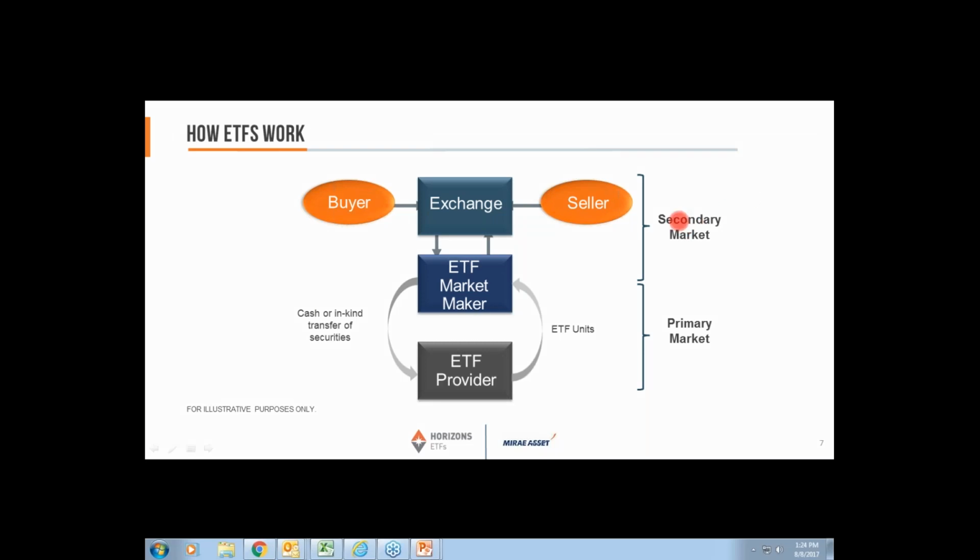We call that area here the secondary market. So here you're buying it from institutional investors, and they're the ones who are creating the ETF units and then listing them on the exchange. This change in structure allows for the ETF to be listed on the exchange similar to a stock.